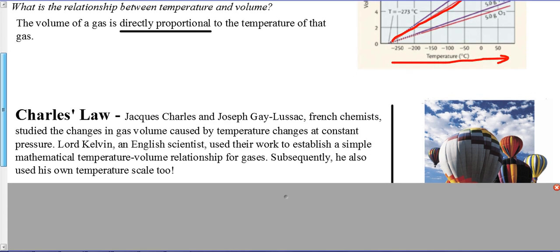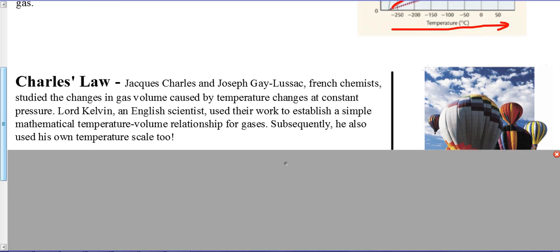So just like Boyle's law, which was a quantitative way of measuring the relationship between pressure and volume, Charles's law was mostly created by Jacques Charles, a French chemist, and he studied the changes of gas volume as the temperature of that gas was changed.